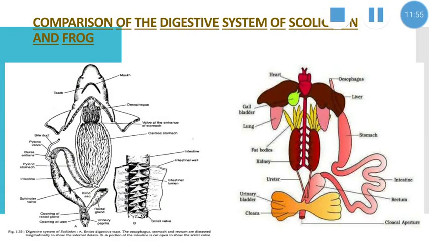You can see here the ileum, which is the longest part, and the longitudinal folds of the ileum which increase the area of secretion and absorption. The ileum leads to the rectum.